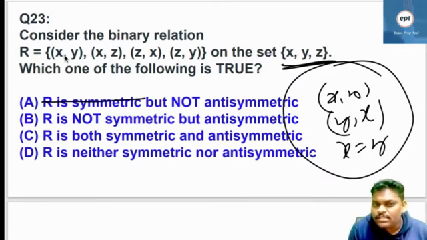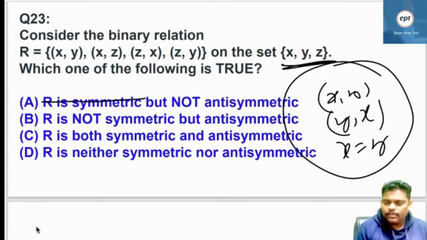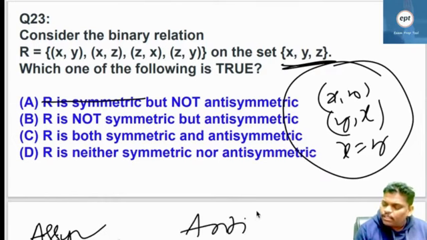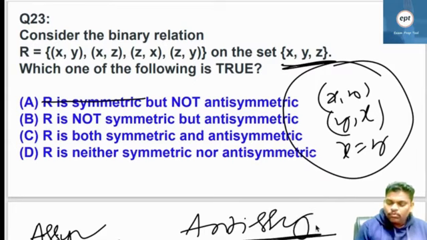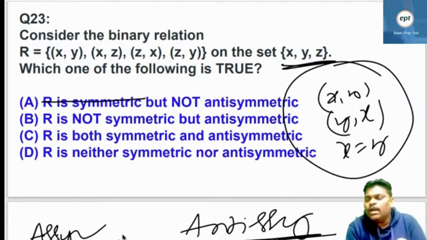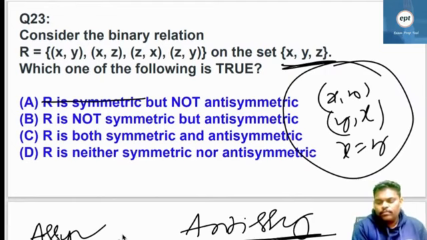Can you tell me the anti-symmetric definition? Asymmetric definition, anti-symmetric definition. What is the difference between asymmetric and anti-symmetric? If anyone is not okay, see the notes and talk.